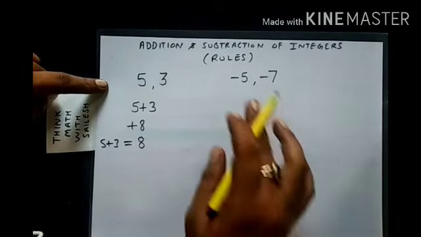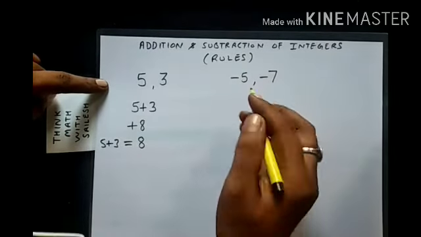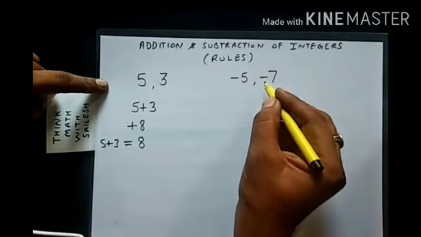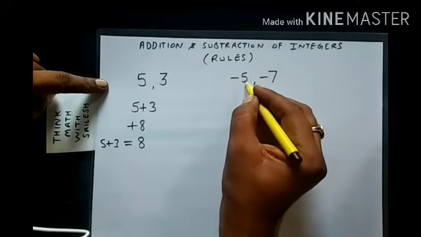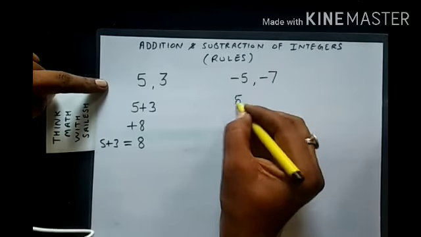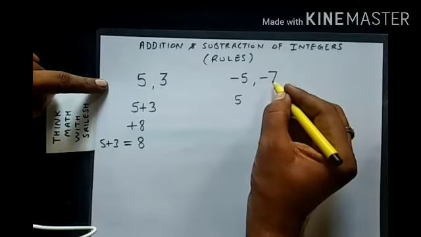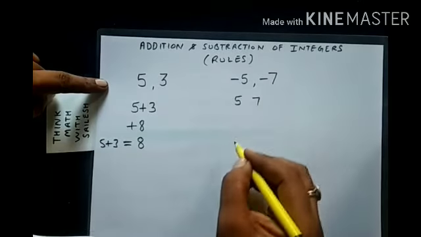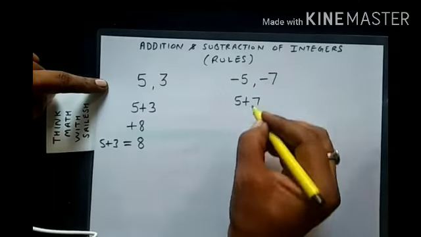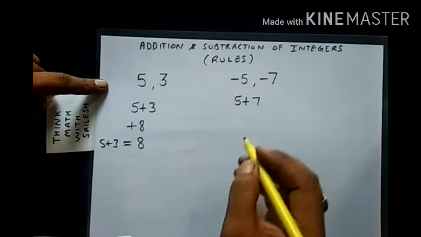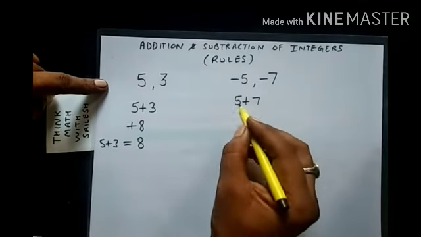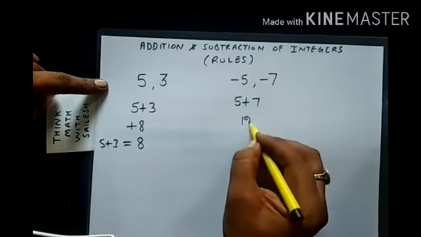Now we come to the second part. This is -5 and -7. What is the absolute value of -5? That is 5. What is the absolute value of -7? That is 7. Now I have to add these, so I will mark the addition symbol, and 5 plus 7, that is 12.